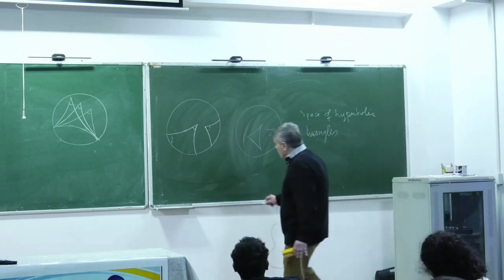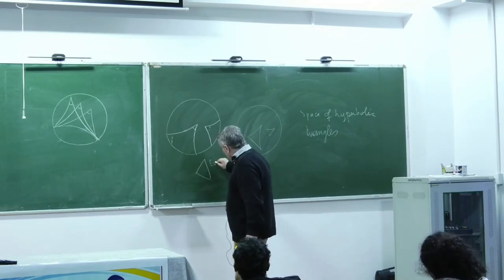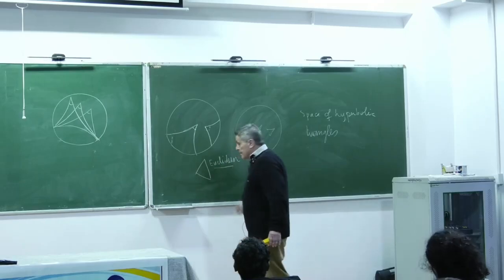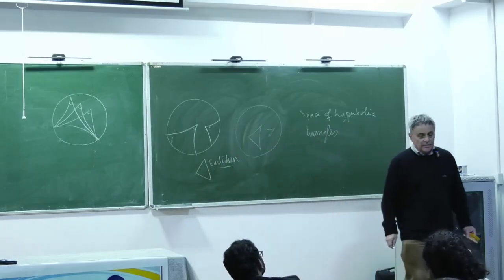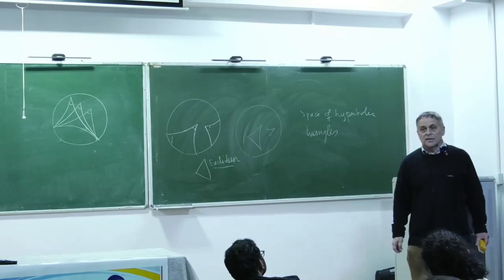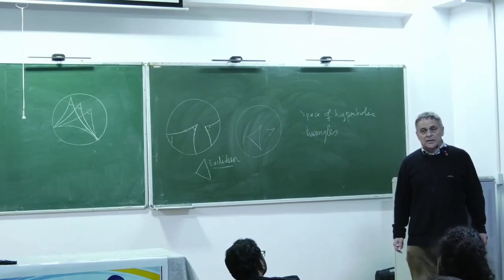Whereas, as I told you, we have written several papers on the space of Euclidean triangles. On the space of Euclidean triangles, we have some results. In fact, we have a metric. We can describe the geodesics. We can describe the isometries of this metric. We can describe the infinitesimal structure and so on.